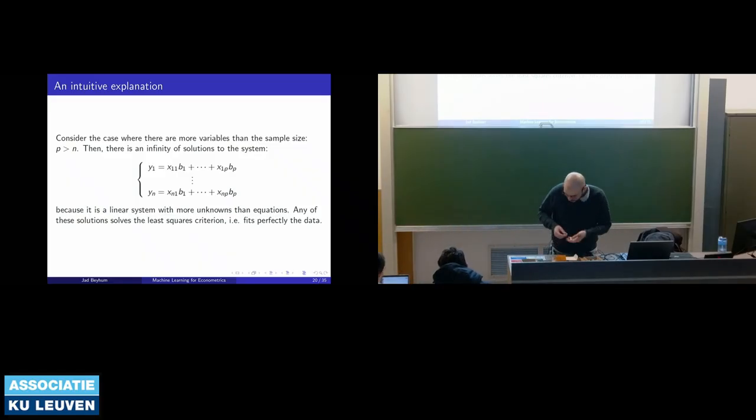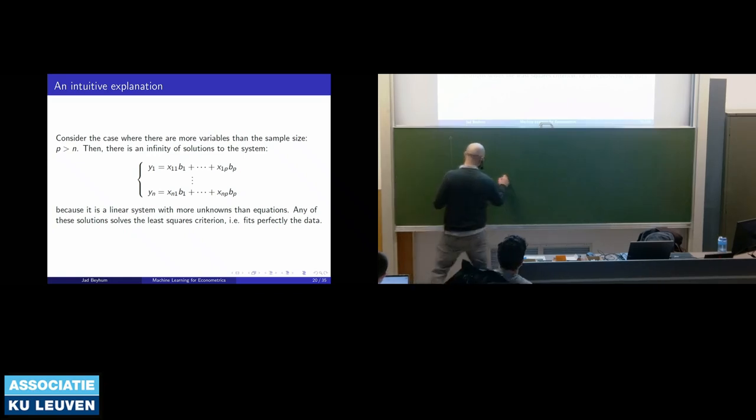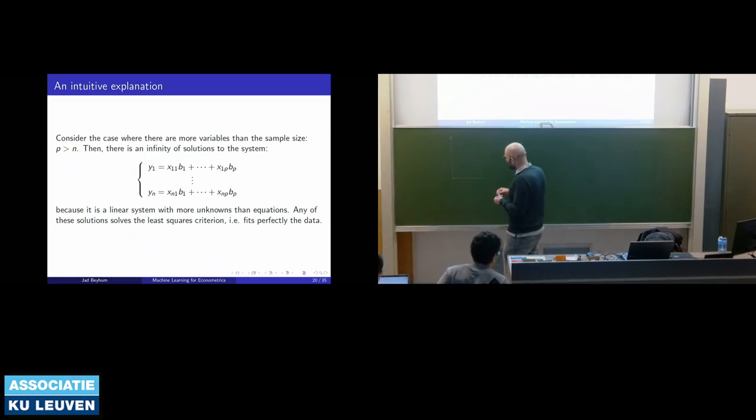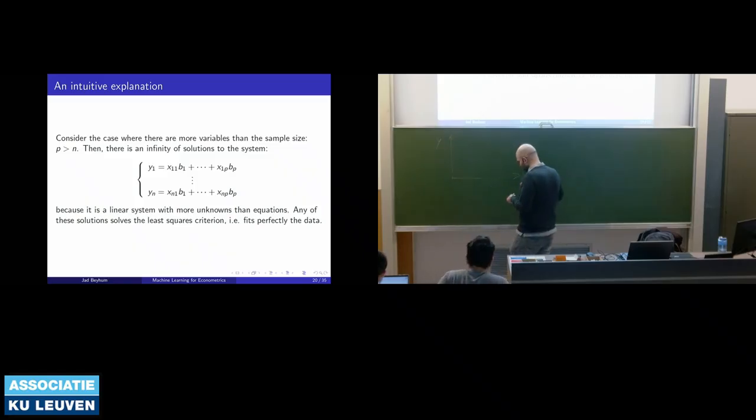I'm sorry I don't have white chalks today, but I always like this kind of graph to see. So suppose that you try to predict y from x, for instance, and this is the true model.